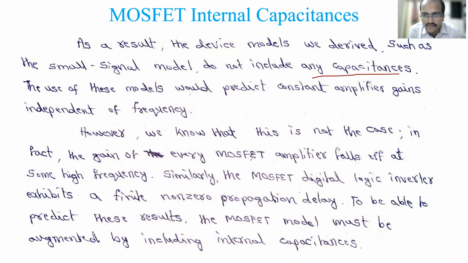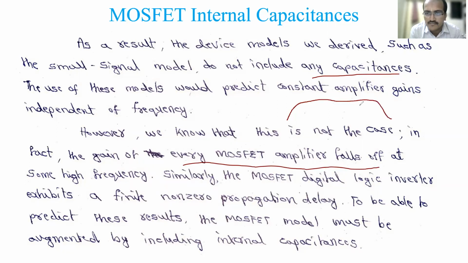In fact, the gain of every MOSFET amplifier falls at some high frequency. All the amplifiers will have a shape like this: it increases for a certain frequency range, then maintains a constant gain, and at some high frequency all the MOSFET amplifiers fall off.